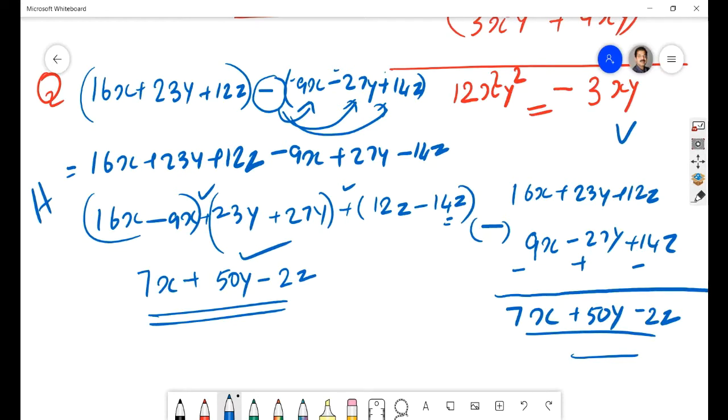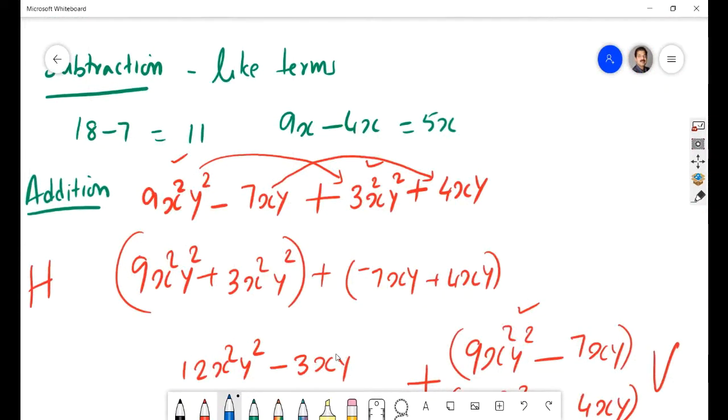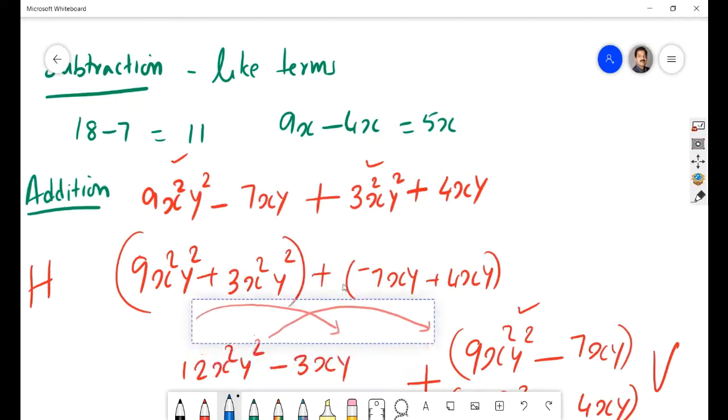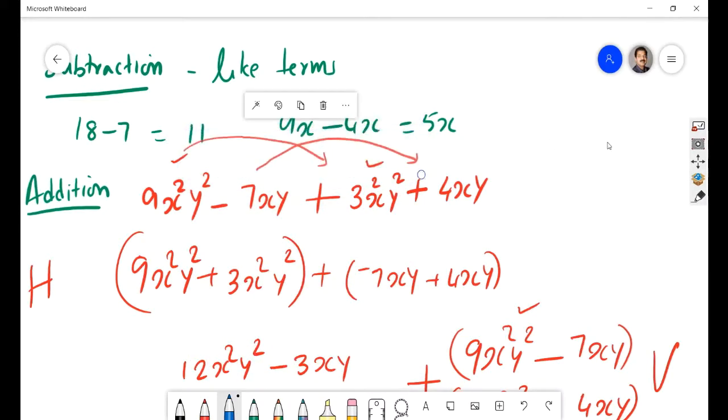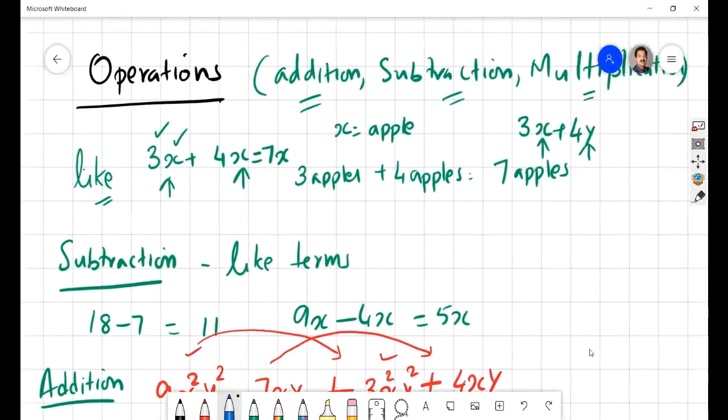This way we have to do the subtraction. This is a trinomial in fact. Earlier one was a binomial for addition, and before that it was simple subtraction of a single term.